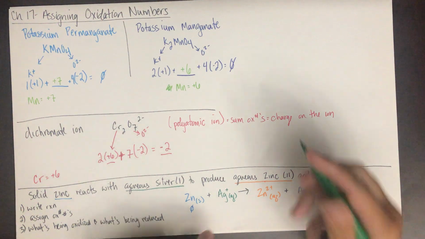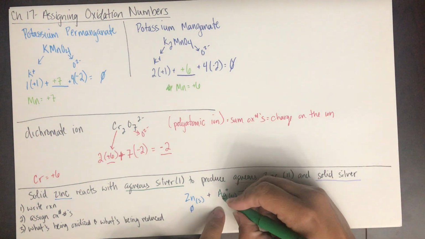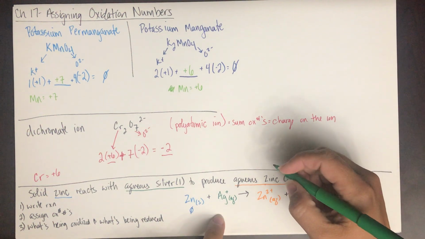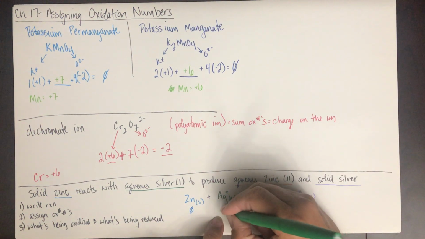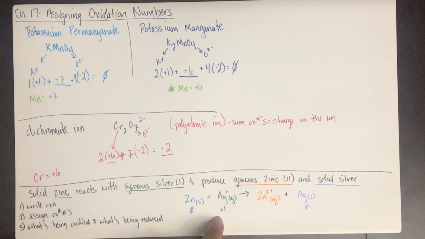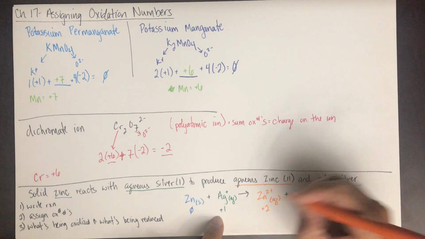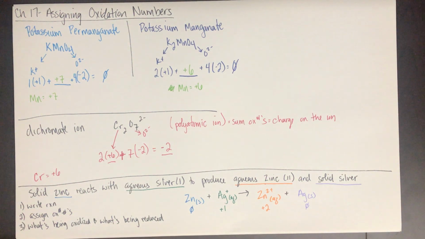The rule also says that the charge of a monatomic ion is the oxidation number. So that means the oxidation number of this silver 1 is +1, and the oxidation number of this zinc 2 is +2.